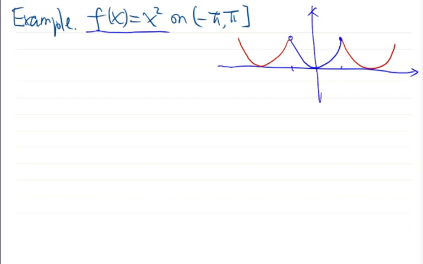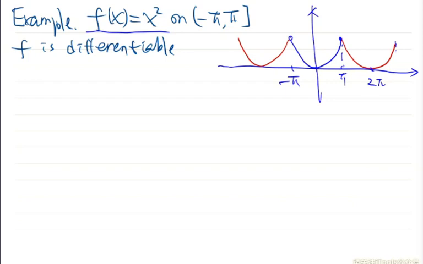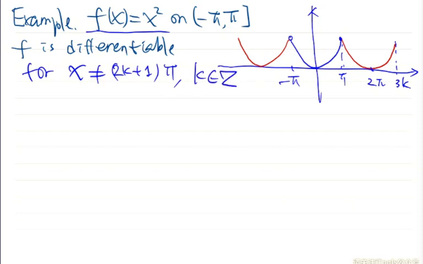So f is differentiable at points. So here is pi, minus pi, here is pi. So here's 2 pi, here is 3 pi. f is differentiable for x not equal to (2k plus 1) pi, k is integer.